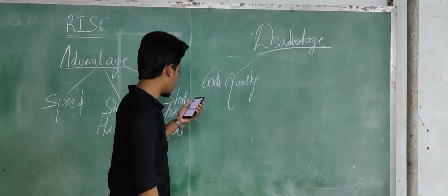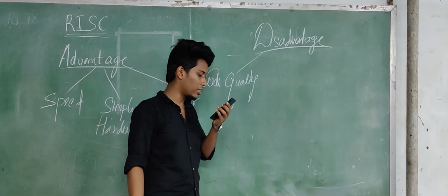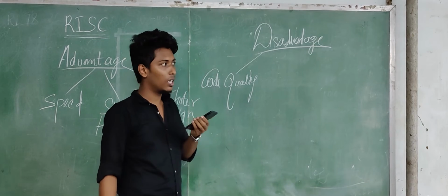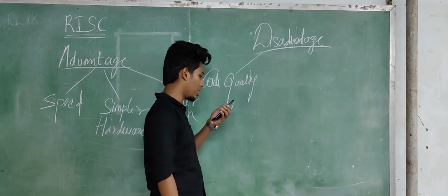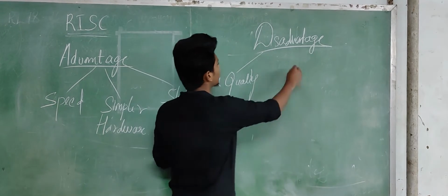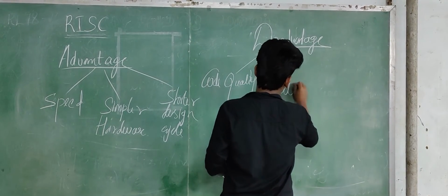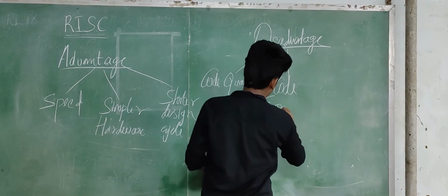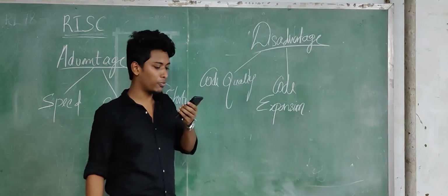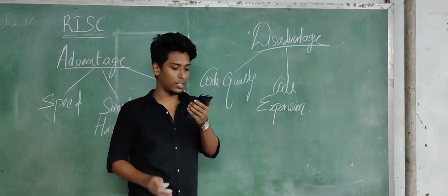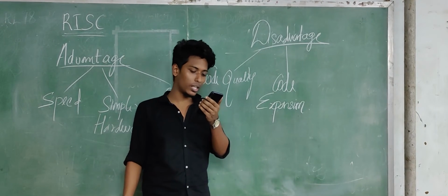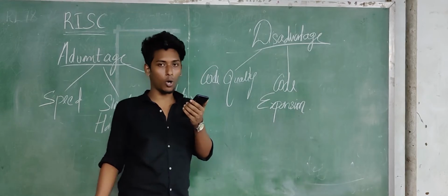If the programmer or the compiler does a poor job of instruction scheduling, the processor can spend quite a bit of time stalling, that is, waiting for the result of one instruction before it can proceed with a subsequent instruction. The next disadvantage is code expansion. Since a CISC machine performs complex actions with a single instruction, whereas a RISC machine may require multiple instructions for the same action, code expansion can be a problem.